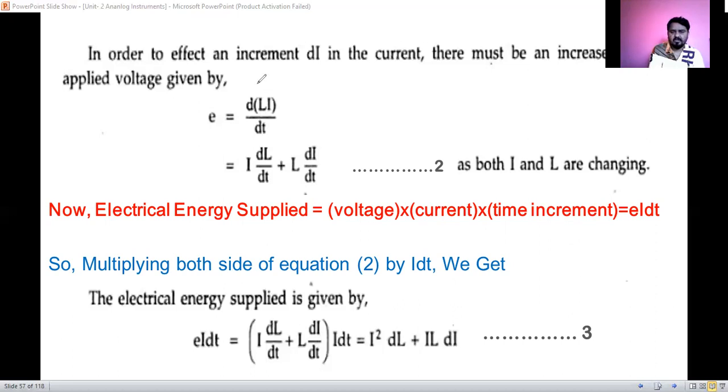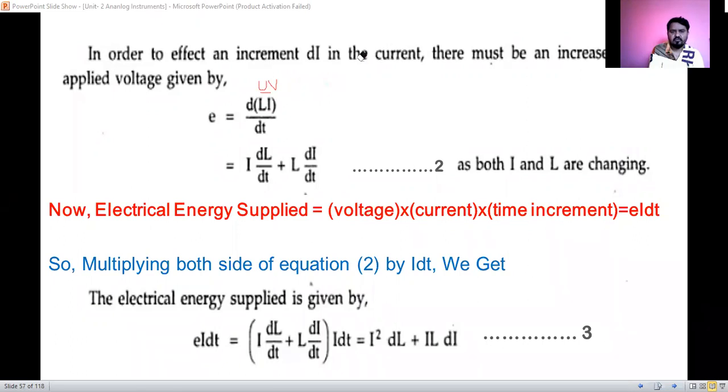It is nothing but, I think, differentiation of UV or XY. I don't know which one you have studied in mathematics. Differentiation of UV or XY, which one have you studied? UV. Okay, UV, so I will erase this XY.